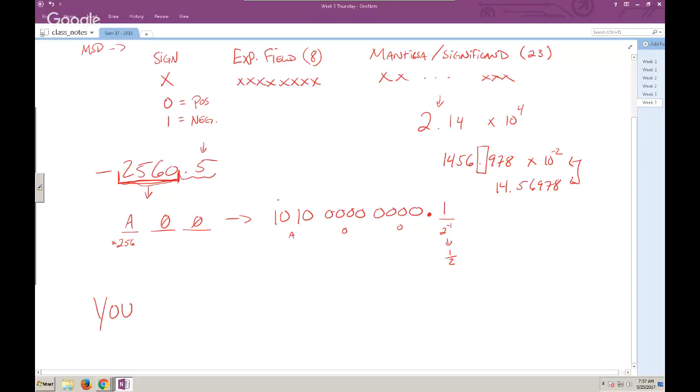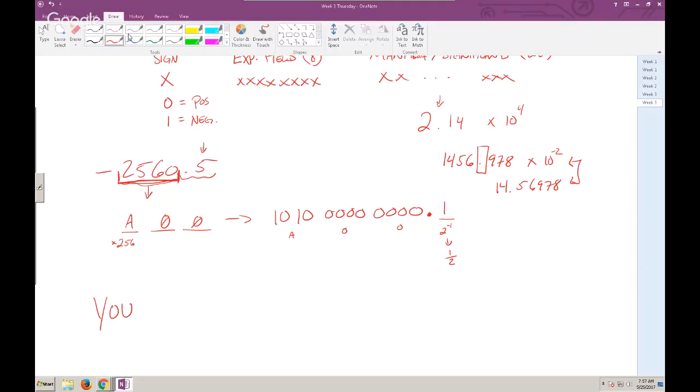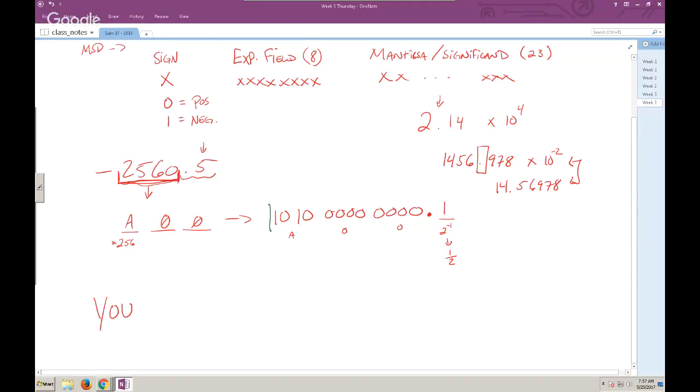We're on the A right here, right? In fact, why don't I change colors to make it a little bit easier to see? Okay? This is our leading 1. Okay? So I want to move my decimal point to the immediate right of my leading 1, i.e. my decimal point needs to go right here between my 1 and the 0.